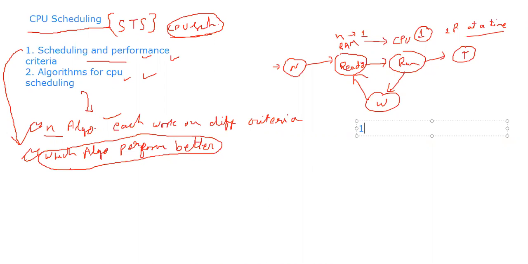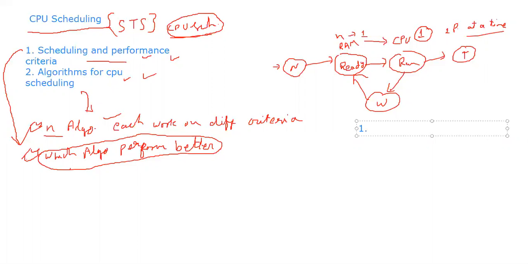So the first criterion is how efficiently we use the CPU. Since we are focusing on the CPU, if I am able to utilize the CPU effectively, then that algorithm is much better. Why am I saying this? Because the CPU is the fastest unit in our system, and all the computations are done in the CPU.